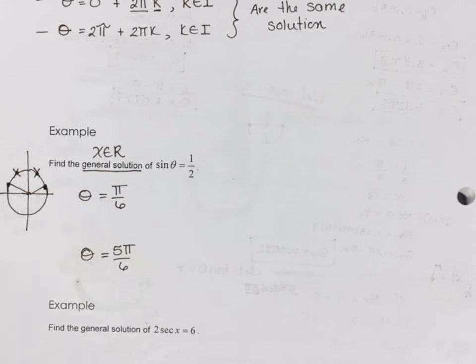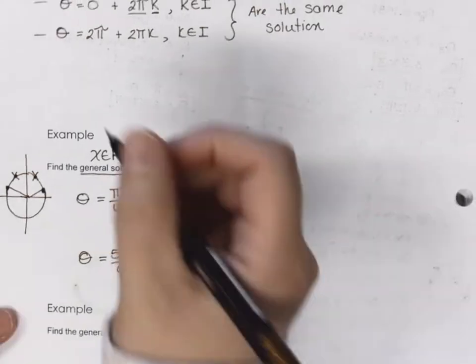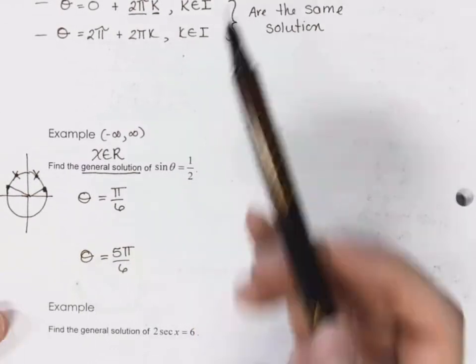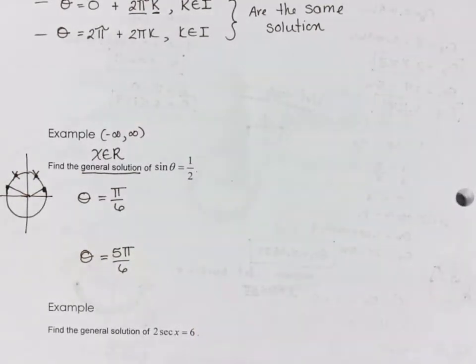So it just means every possible number out there, which is negative infinity to positive infinity, which is no restriction. So it might not say general solution, it might say for all domain values, it might say x ∈ R, it might give you a domain range of negative infinity to positive infinity. Again, redundant, they all mean the same thing.